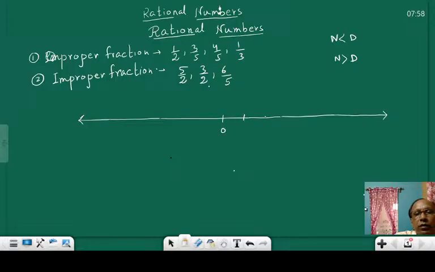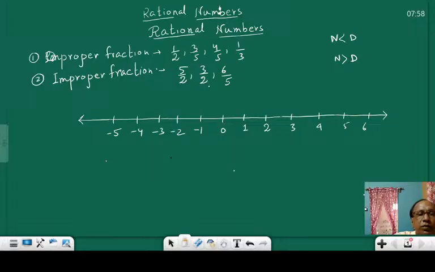It is 1, 2, 3, 4, 5 and 6, and minus 1, minus 2, minus 3, minus 4 and minus 5. Now, in proper fractions all the fractions are less than 1. That means you have to find this between 0 and 1.